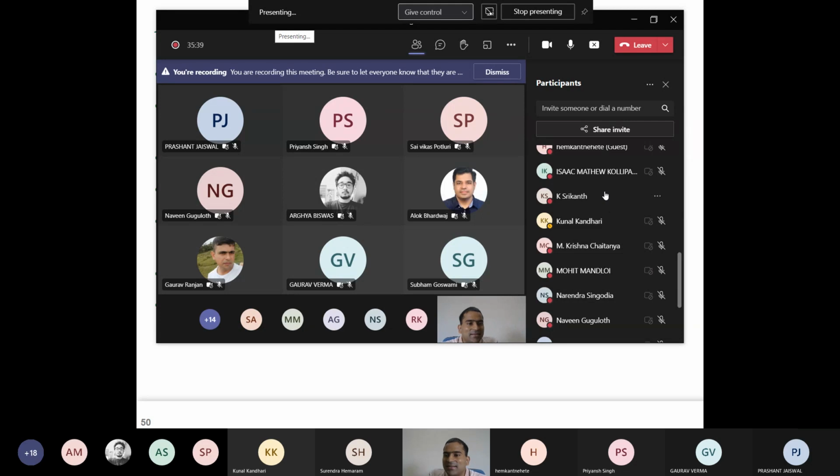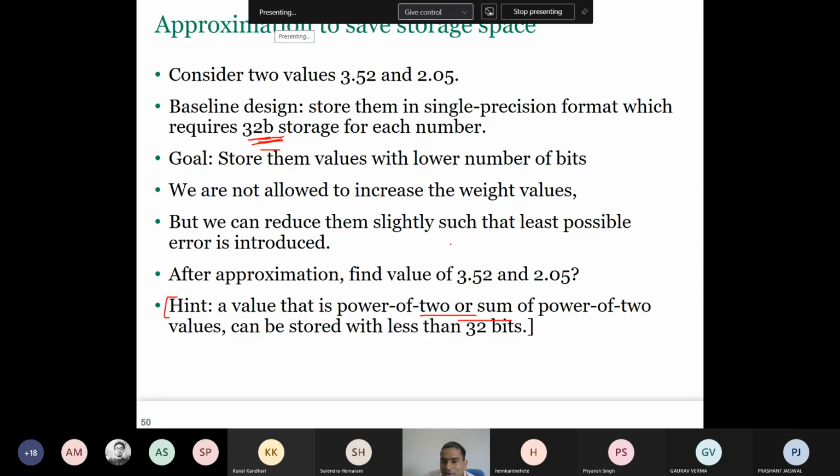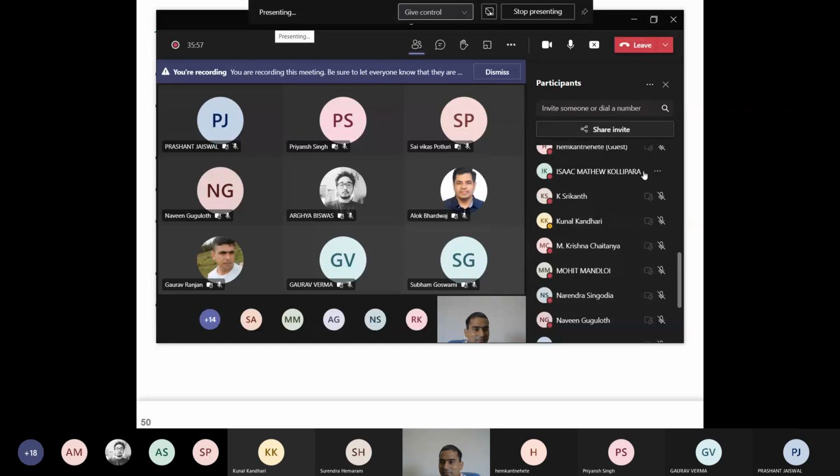Shrikant? The point is, instead of 3.52, if you can represent it with a number which is a sum of powers of 2, you can store it with less than 32 bits. So now can you tell me?